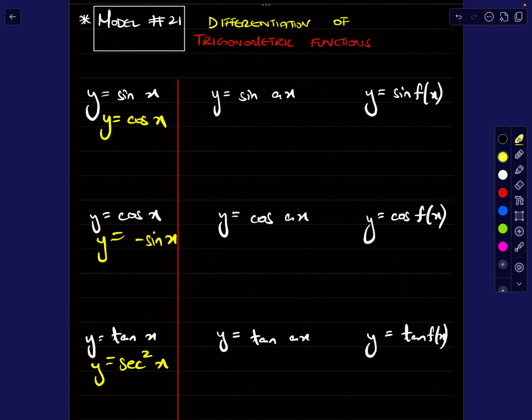So we better understand things, let's take a few generalized examples. Let's say we have y equals sin ax, and we have nothing before the sin, so it's going to be 1 obviously. The thing inside the brackets remains as it is. The differential of sin is cos, and we're going to multiply cos ax by the differential of what's inside the brackets.